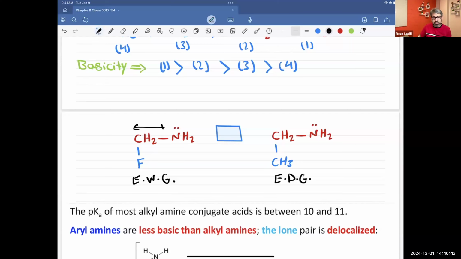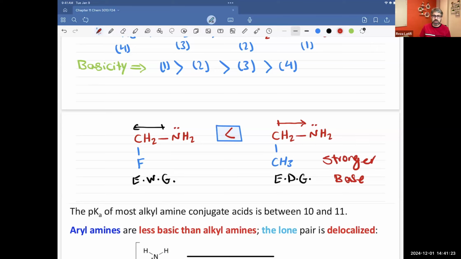That means it will apply an induction effect, or pulling effect, and it will pull the lone pair to itself, while CH3 will increase the electron density on nitrogen. So between these two, CH3 will increase the basicity, while fluorine will drop the basicity. The one with the electron donating group will be the stronger base. So this one will be a stronger base. And the effect until now is through induction.